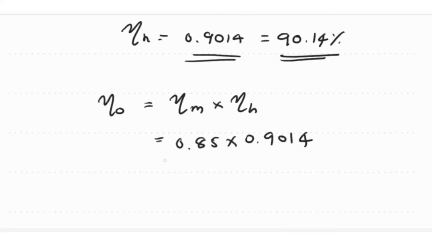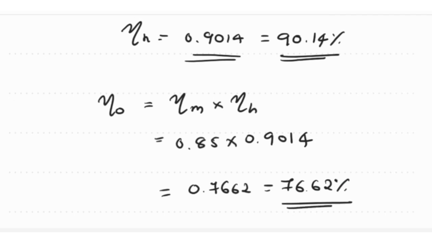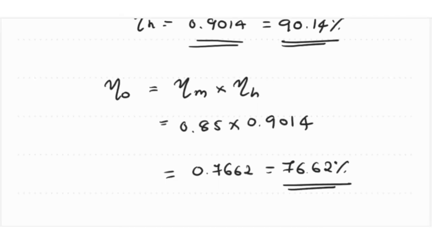So solving this we will get eta naught as 0.7662, that is equal to 76.62 percentage.